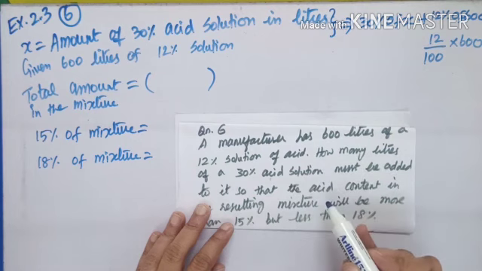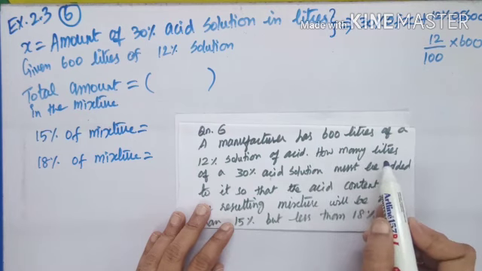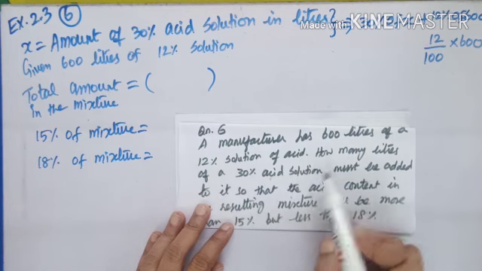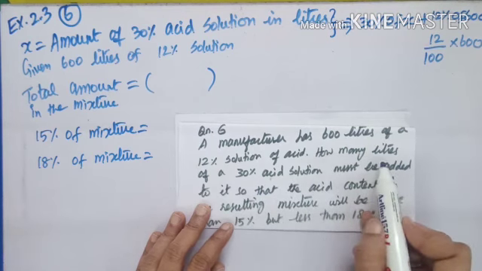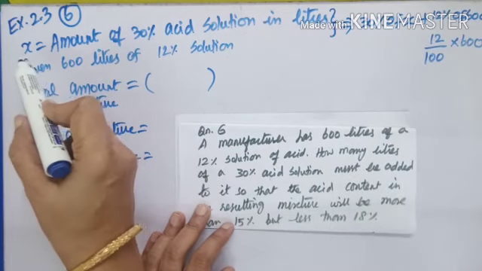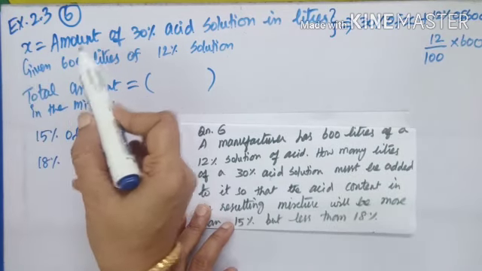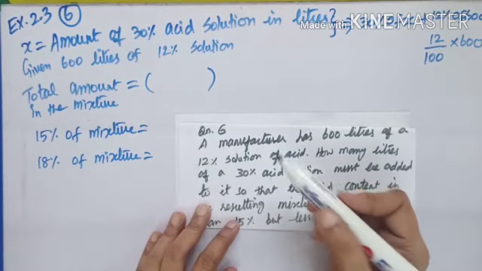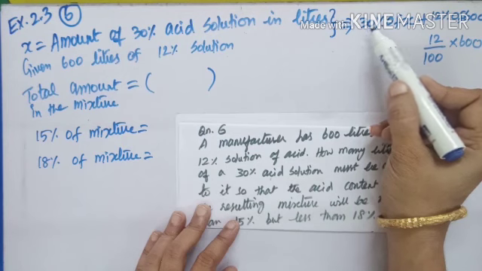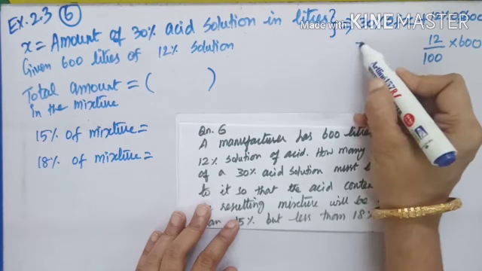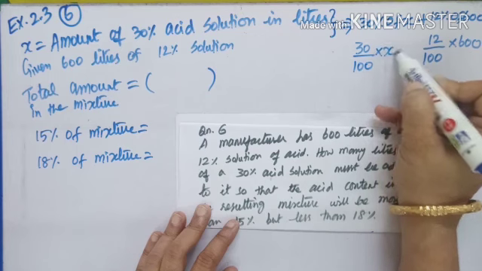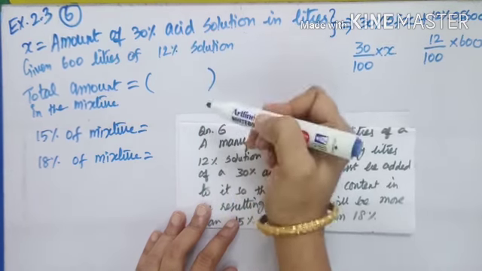The second line says, how many liters of a 30% acid solution? How many? That is the question. Take that how many as x. So x is equal to the amount of 30% acid. So 30% of x, or 30 by 100 into x.